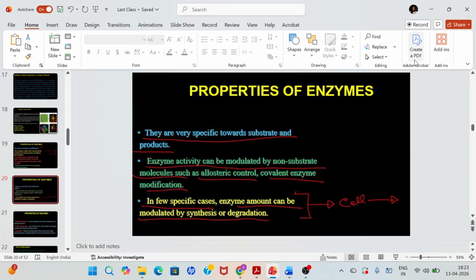Properties continue. They are very specific towards substrates and products. Enzyme activity can be modulated by non-substrate molecules, such as allosteric control and covalent enzyme modifications. In a few specific cases, enzyme amount can be modulated by synthesis or degradation.